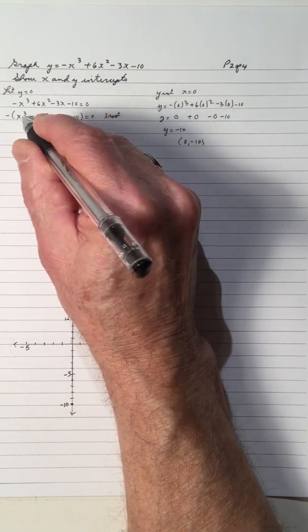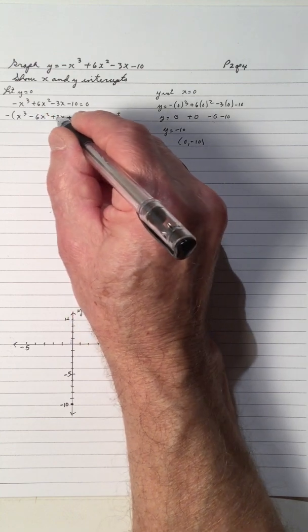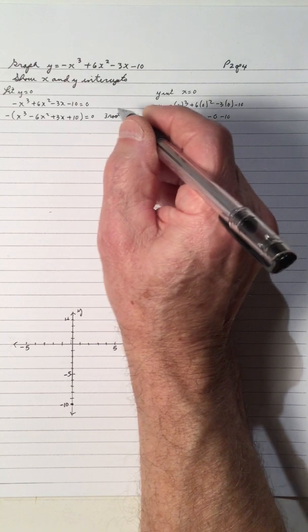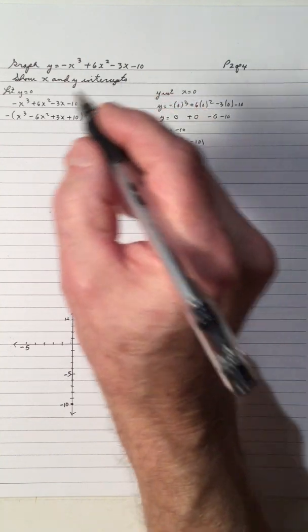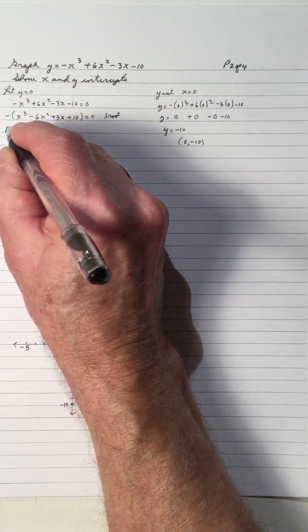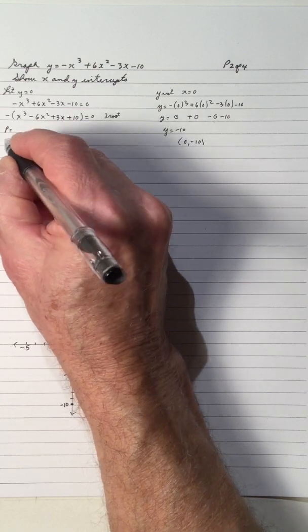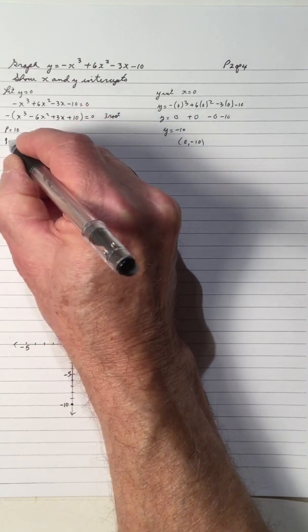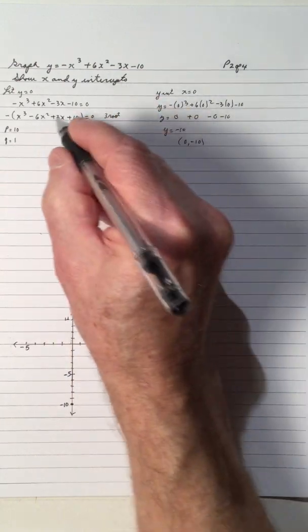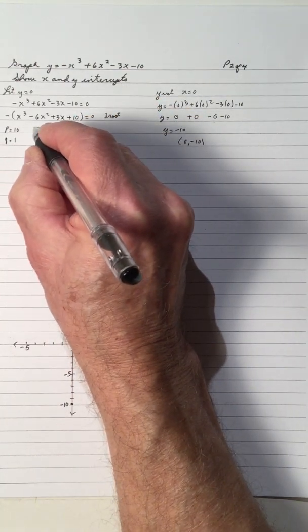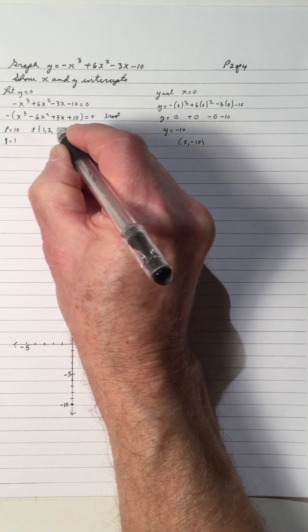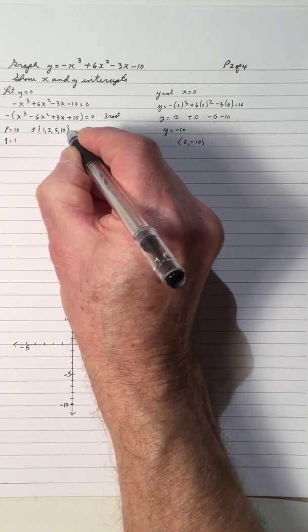An x squared comes out of here to give me x minus 6, and this is not going to be an x minus 6 here. So we have to look for the possible roots. P over q: p is 10, q is 1. The factors of 10 are plus minus 1, 2, 5, and 10.